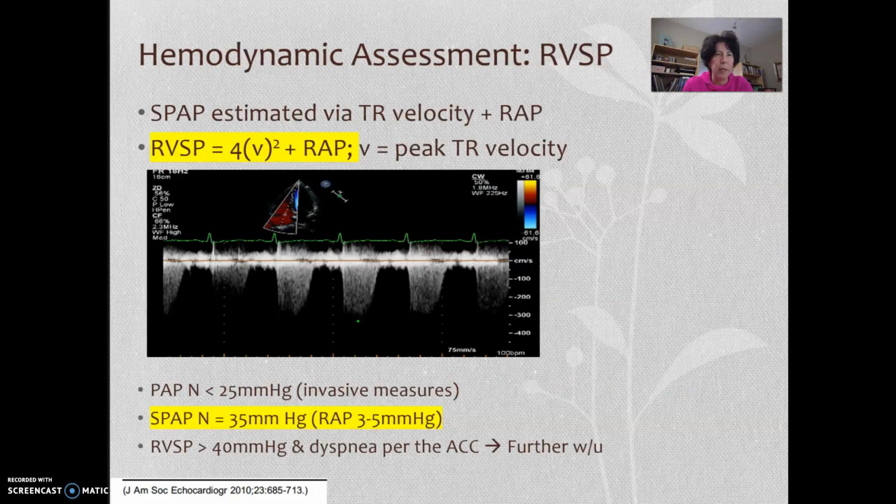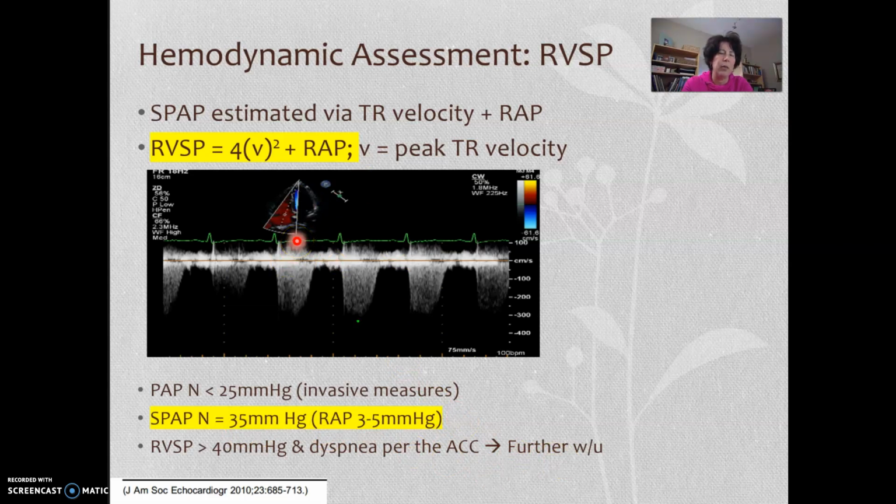Now, to estimate PA pressure, if you're going to learn any of the continuous wave Doppler parameters, I would suggest that RVSP is a useful one. We do continuous wave Doppler through the tricuspid valve and look at the tricuspid regurgitation, and a calculation gets done in the machine that gives us the difference between RV and RA.